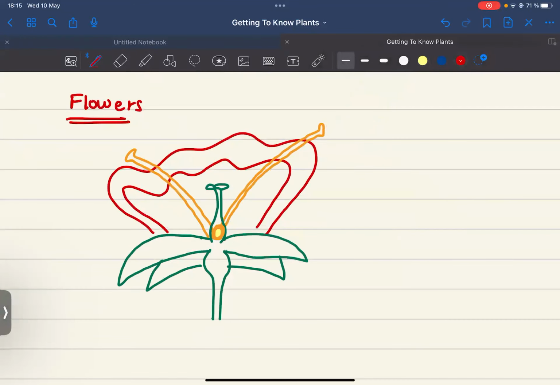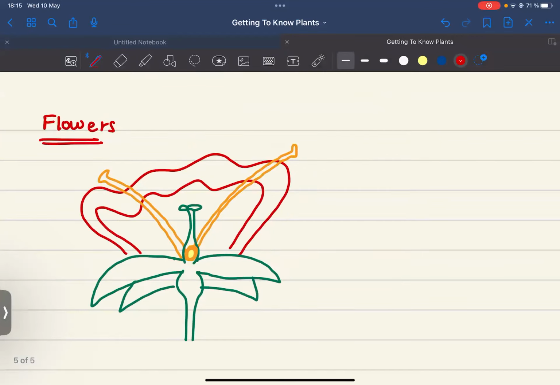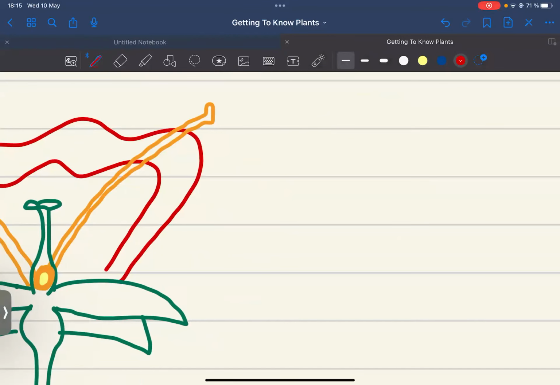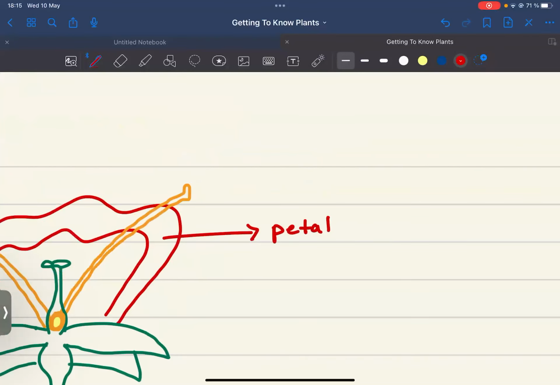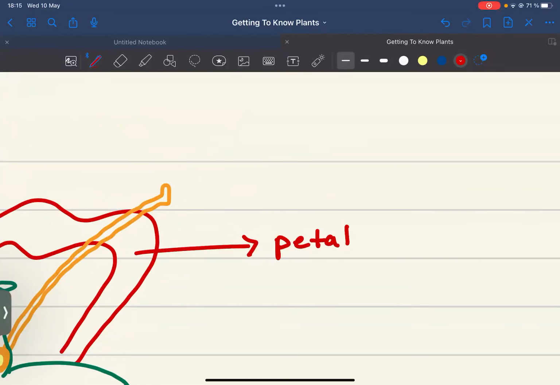Okay, so let's start labeling. First, the colorful part of the flower. What is this part? Petals. This top portion that you see over here is the anther.